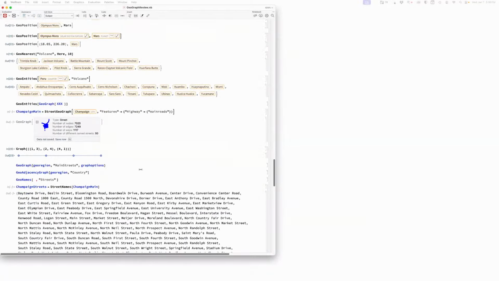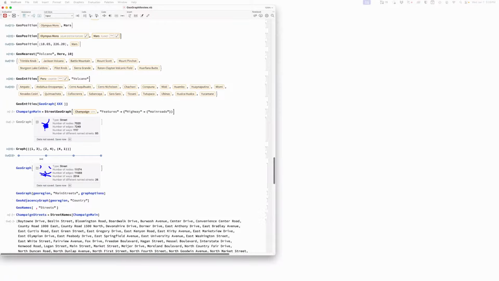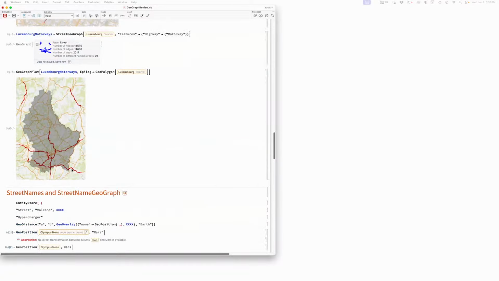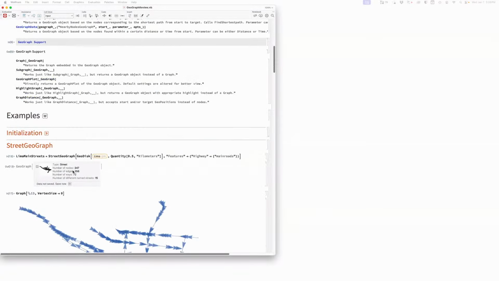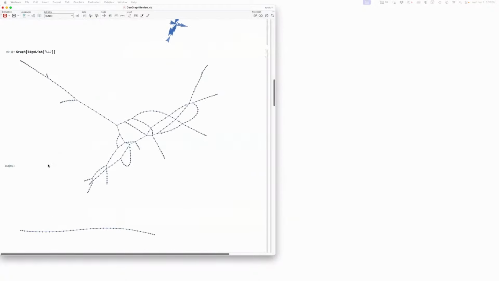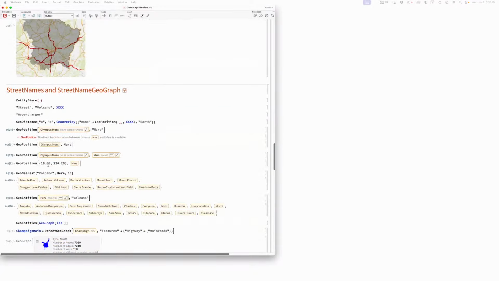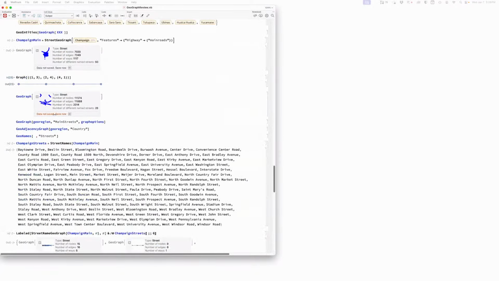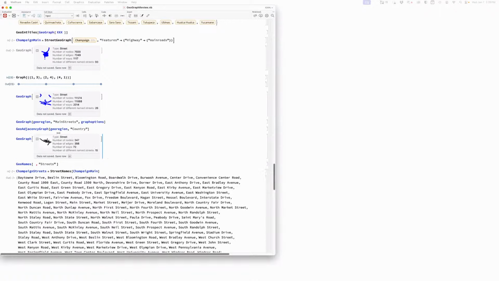I don't know what the name of this particular street is, but how do I extract a particular street from this? That one won't work because that's not saved in the notebook. Okay. One of the ones that you evaluated. Okay. How do I save that? And how do I get that?